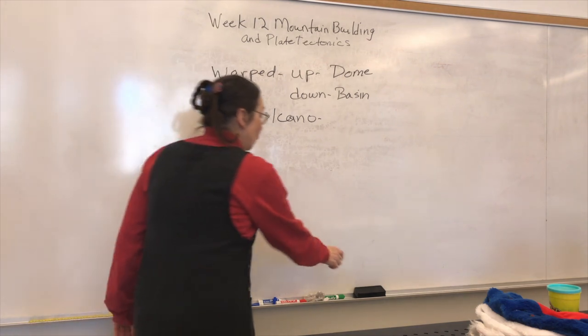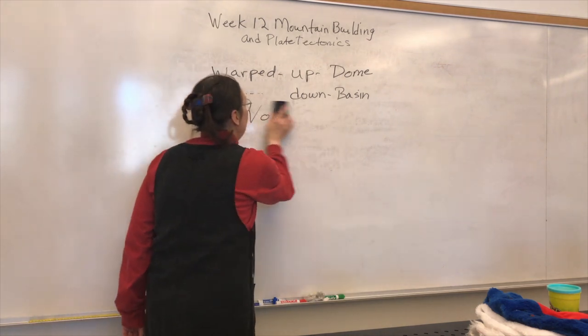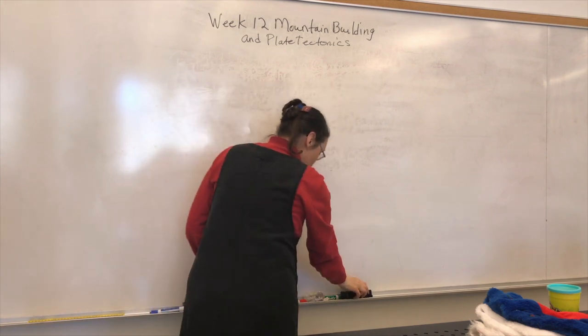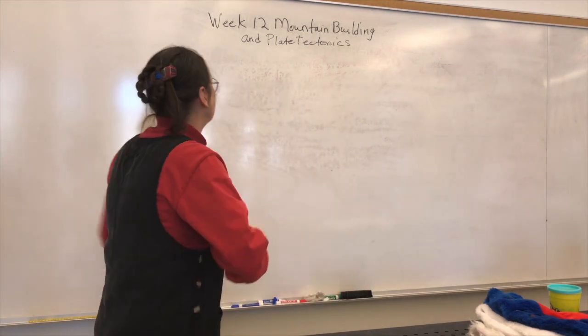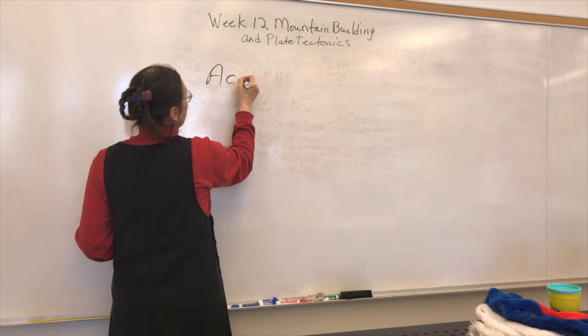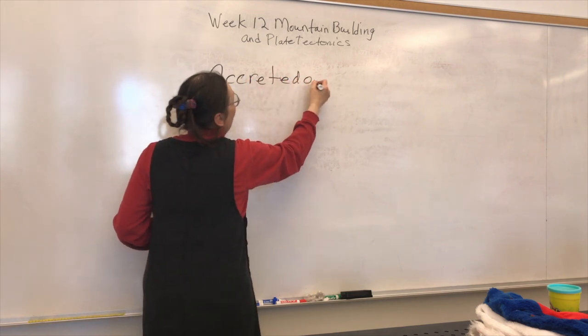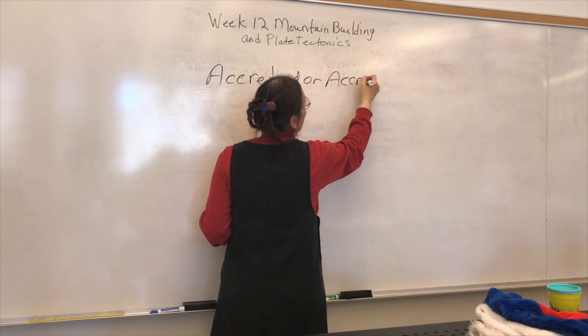So there's only one other basic type of mountain, and those are called accreted, or accretion wedges.